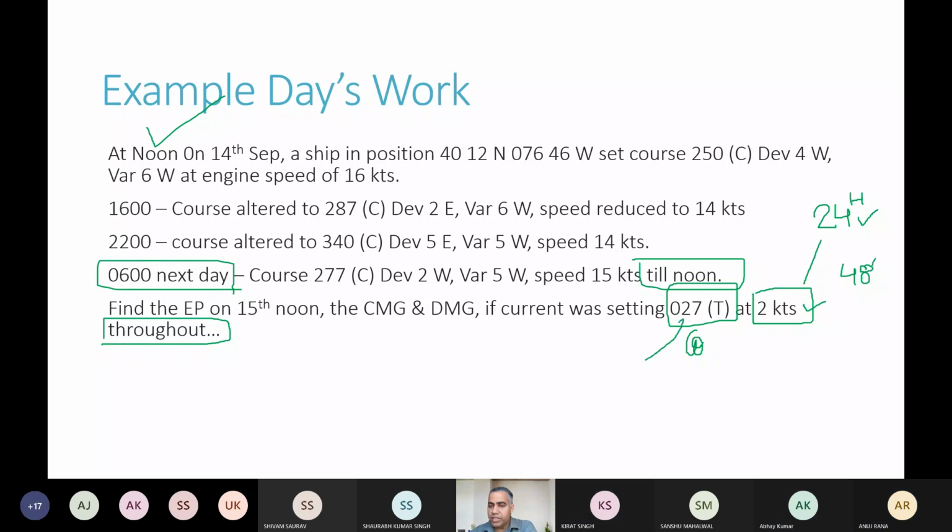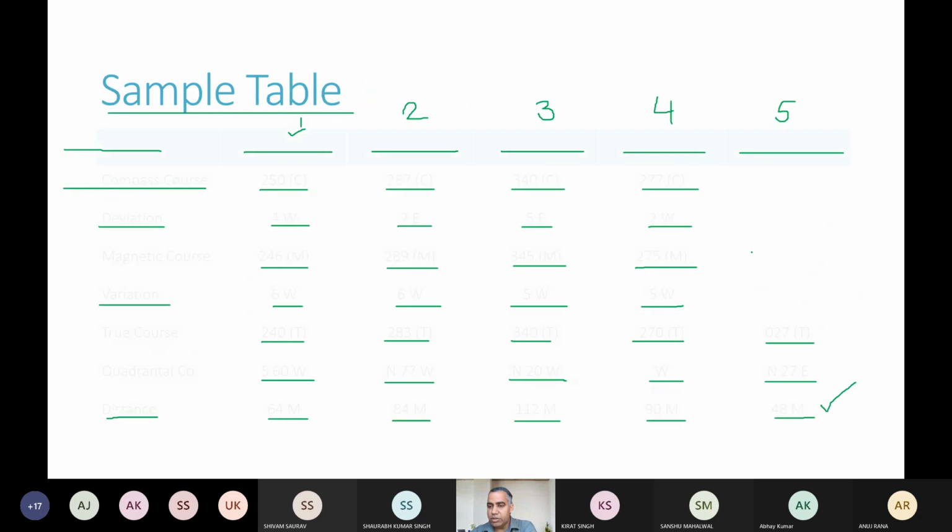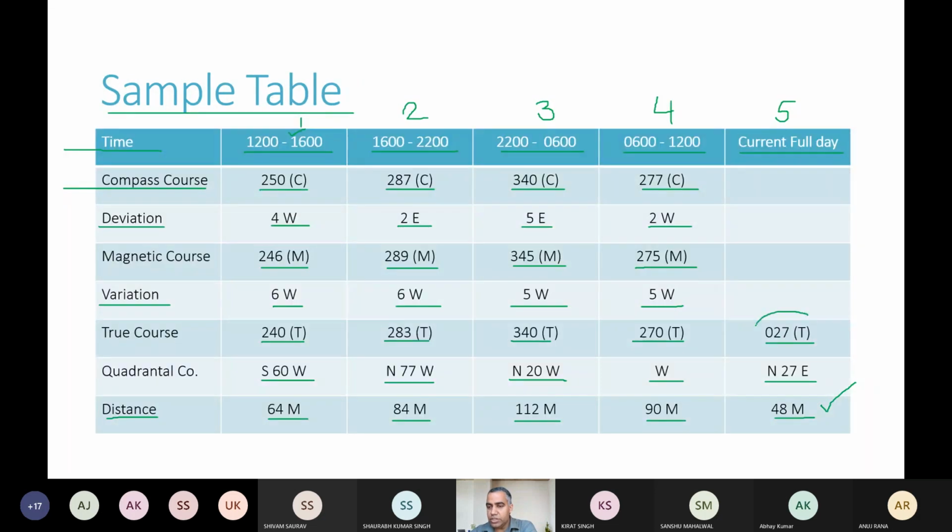So 027 is our course and 48 mile is our distance. Now you look in the table, 027 is our course and 48 miles is our distance.